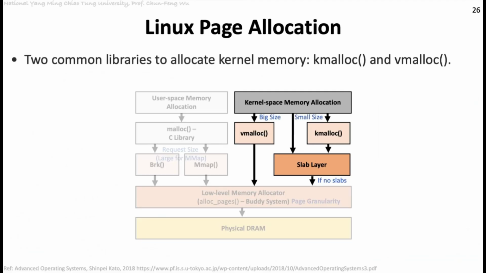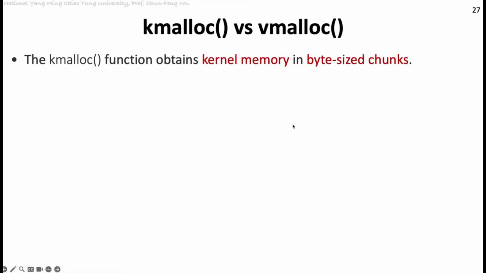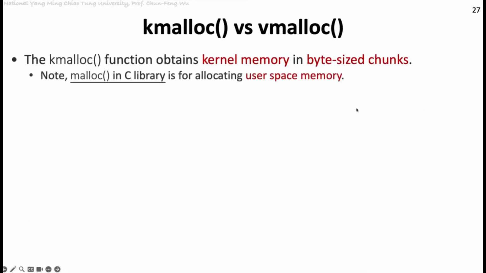So later on are the two kinds of memory allocation provided by the kernel. One is called kmalloc, kernel memory allocation, and the other is vmalloc. The kmalloc function obtains kernel memory in byte-sized chunks.